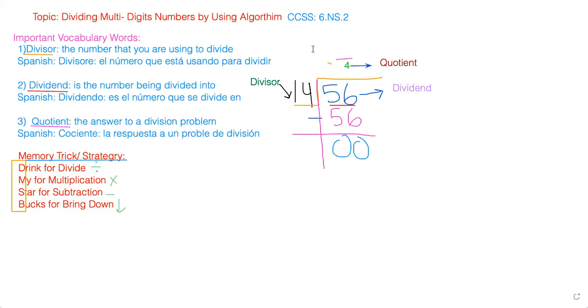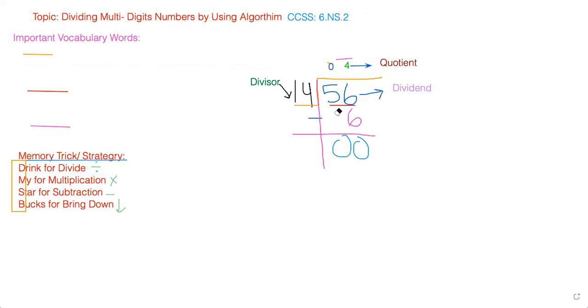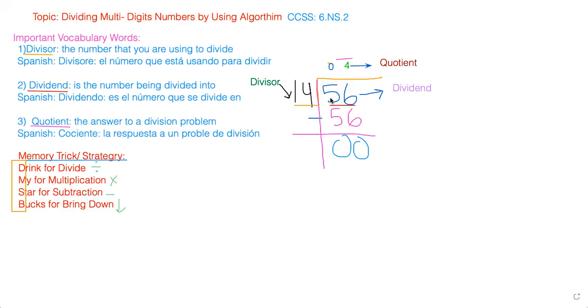Now, 0 times 14 gives us 0. So this would be 0 times 14. I multiply and I get 0. 5 minus 0 gives me 5.